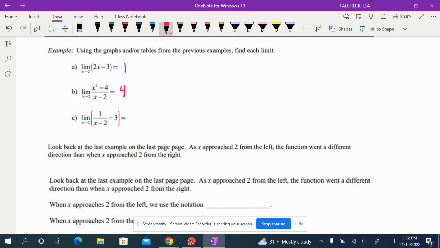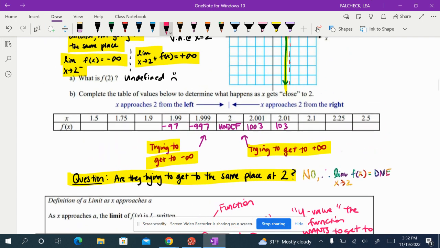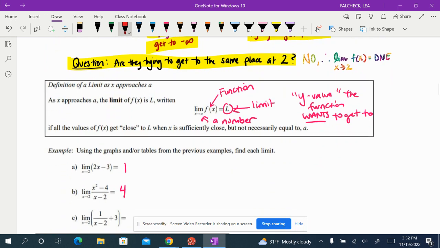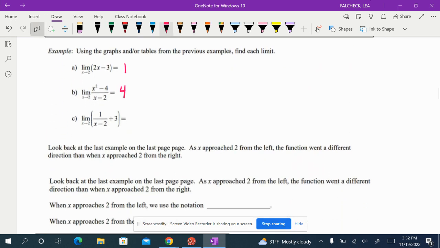The limit as x approaches 2 of this third piece, that was the third graph. We're going to look and see what happens as we approach 2 from the left. The function is going towards negative infinity. As we approach 2 from the right, the function is going towards positive infinity. The limit from the left does not equal the limit from the right. Therefore, we say that the limit does not exist.